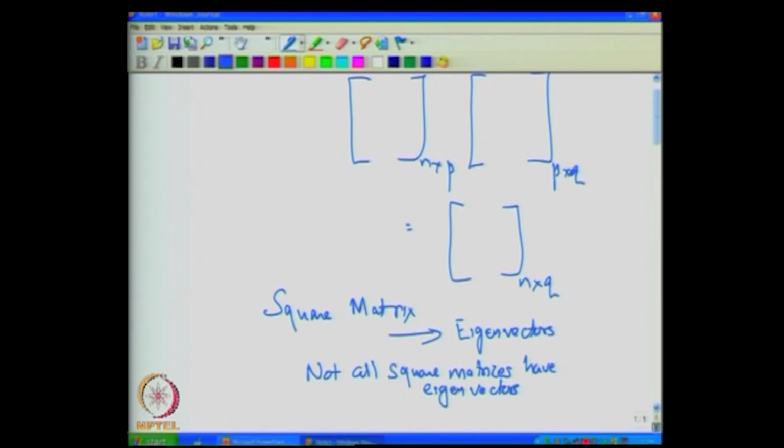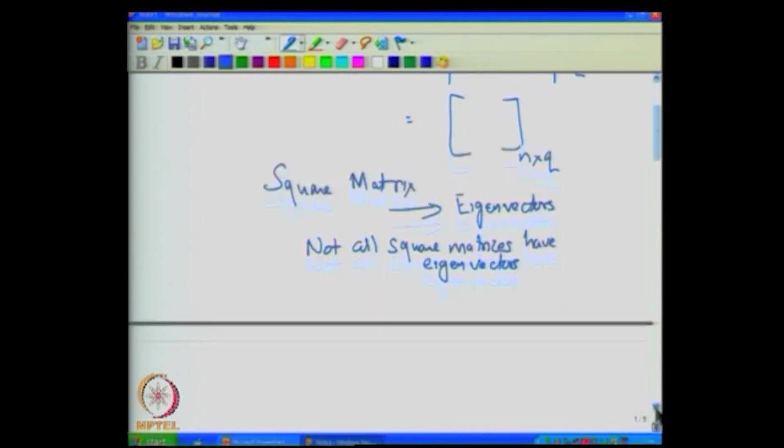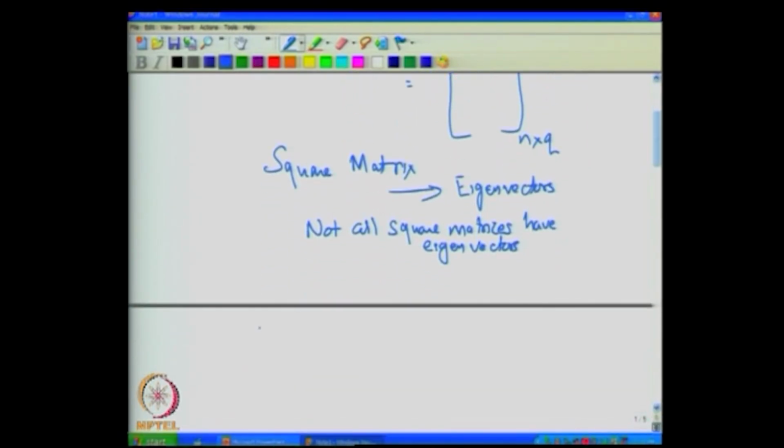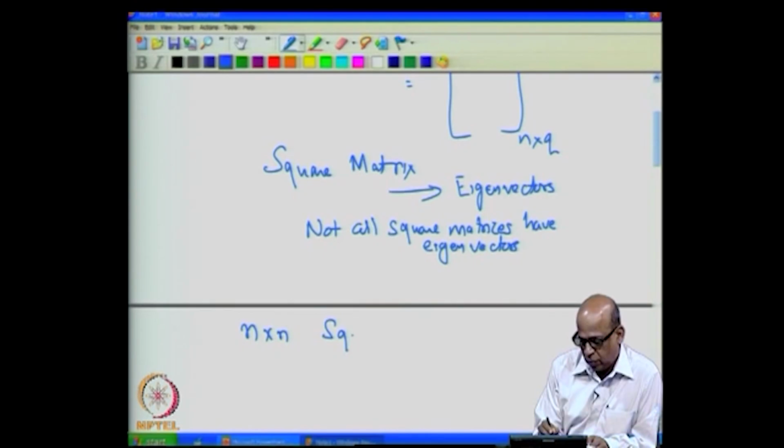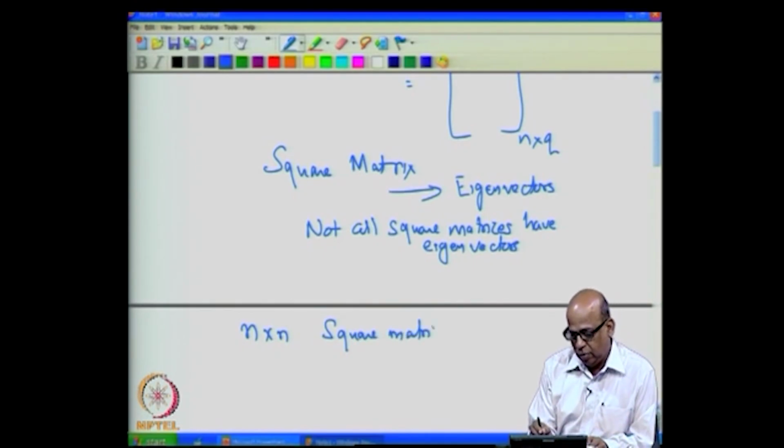Then, if a n by n square matrix has an eigenvector, let us say that you are considering n by n square matrix. If it has eigenvectors, then it has exactly n eigenvectors.